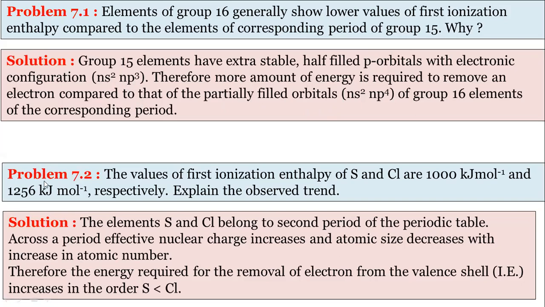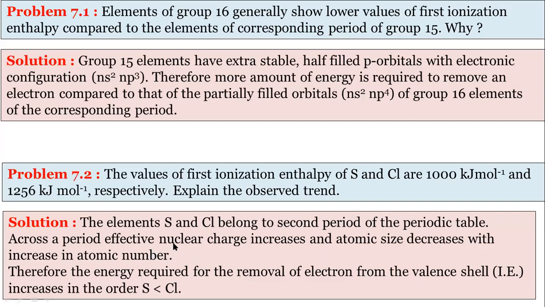Then I am coming to problem number 7.2. The values of first ionization enthalpy of sulfur and chlorine are 1000 kilojoule and 1256 kilojoule respectively. Explain the observed trend. The elements sulfur and chlorine belong to the third period of the periodic table. Across the period, what will happen?